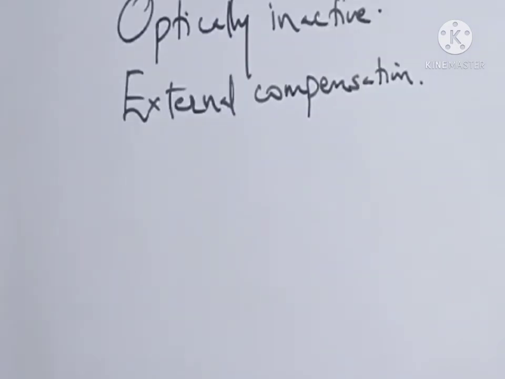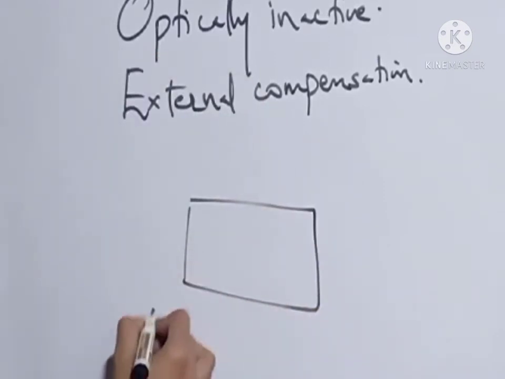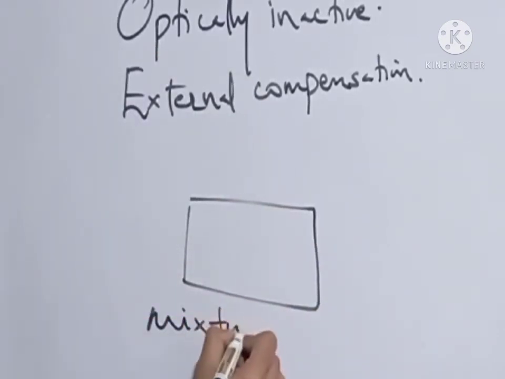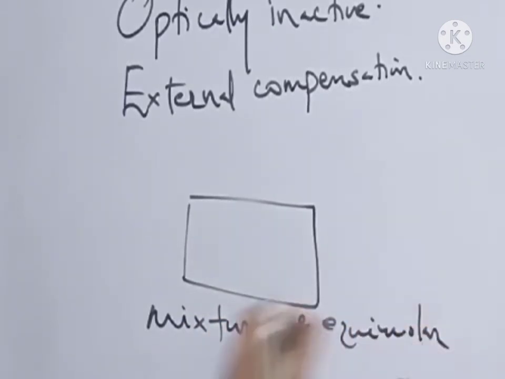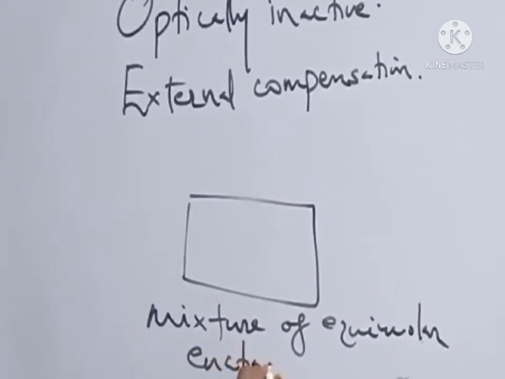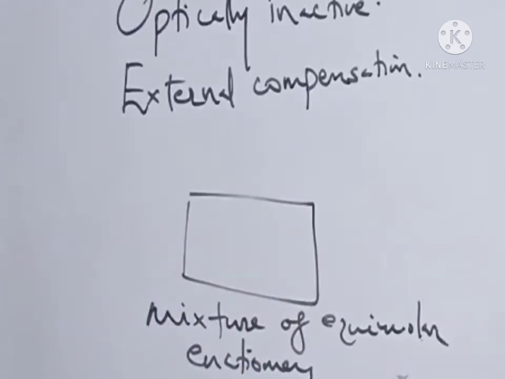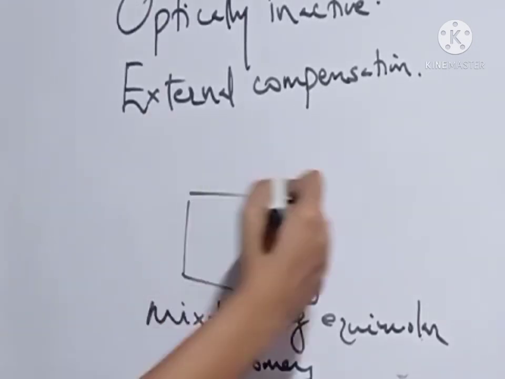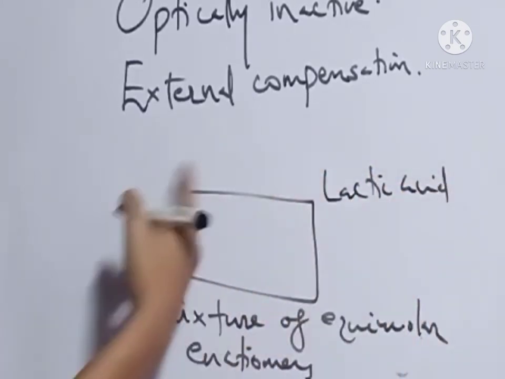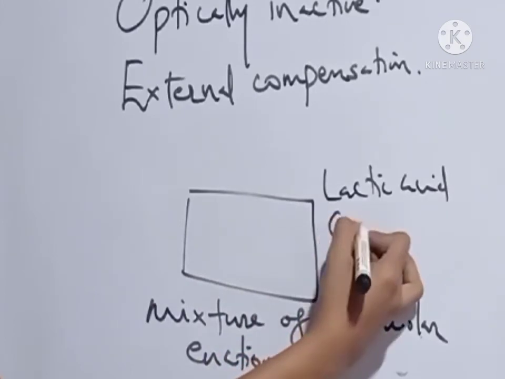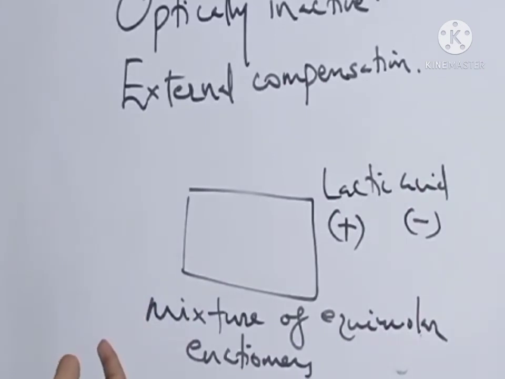Actually, racemic mixture means a mixture containing equimolar enantiomers. A mixture of equimolar enantiomers is called a racemic mixture. For example, a racemic mixture of lactic acid means a mixture containing plus and minus lactic acid.